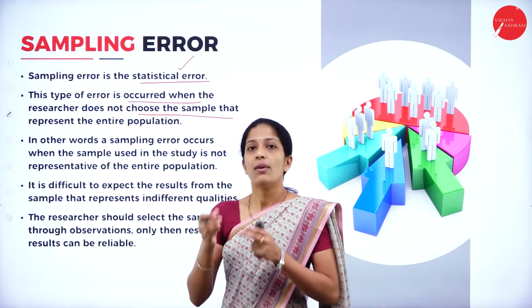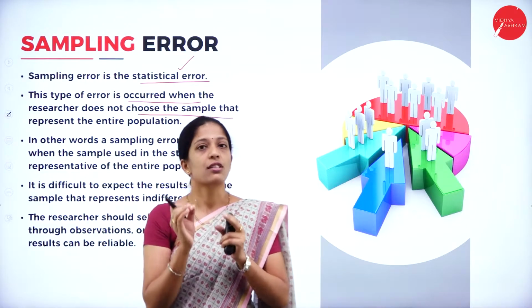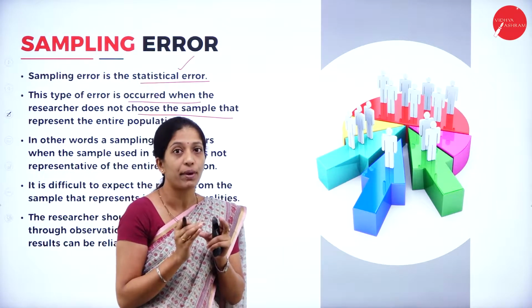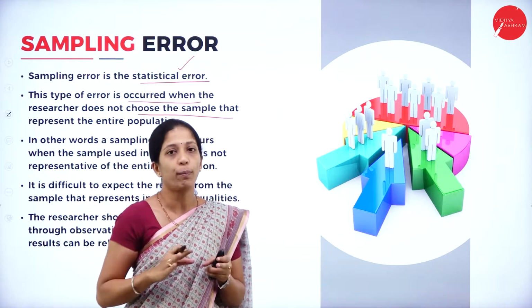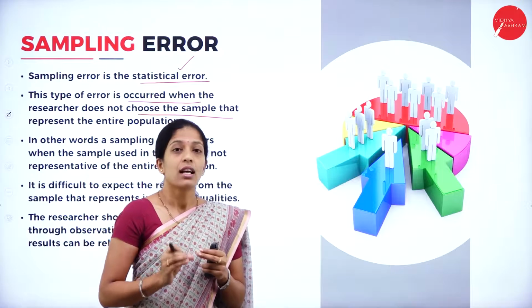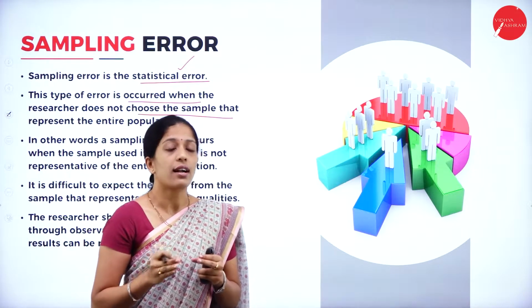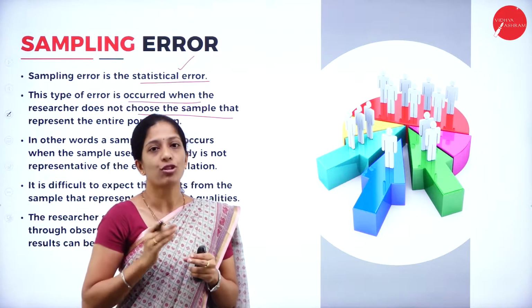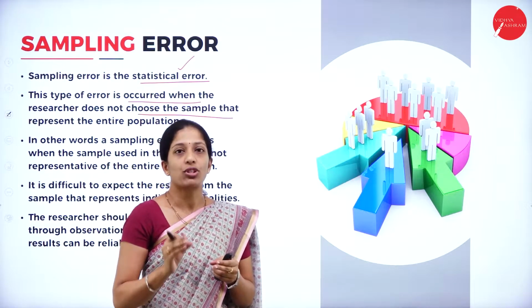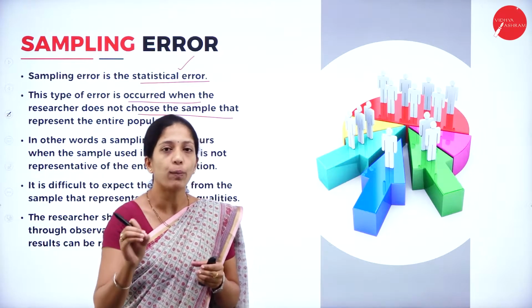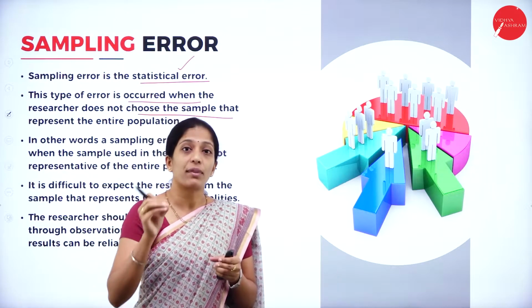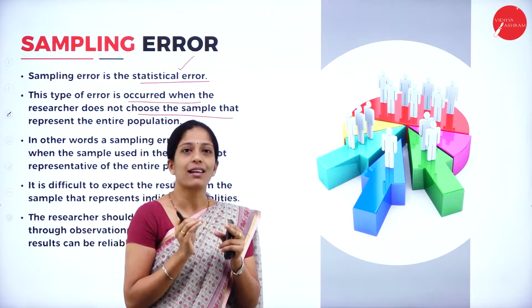Of course, we know that while selecting the sample, a small number of individuals or a small unit of sample should represent the whole population, correct? So why do we go for sampling? Because the researcher can't collect the information from a large group of people, that is from the whole population. In that situation, he will divide that whole population into certain groups and take some individuals from that group and make a sample.